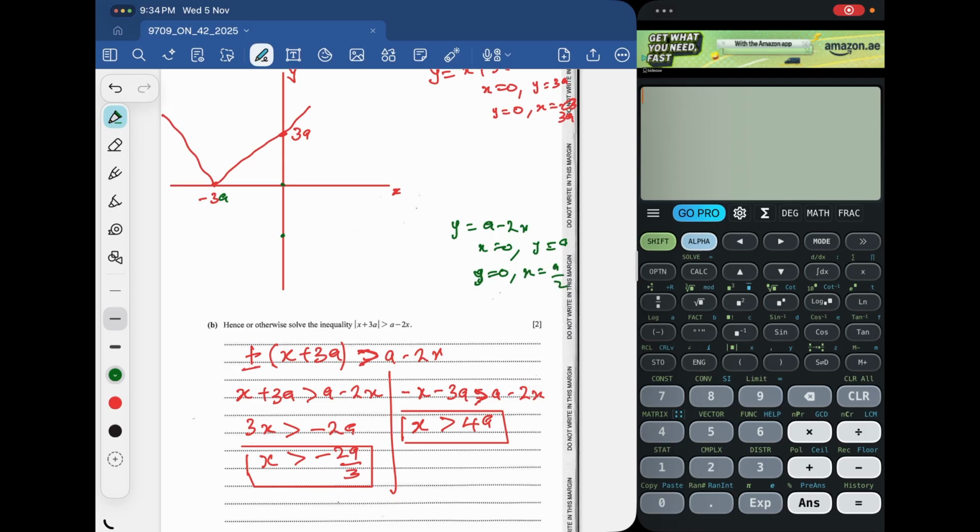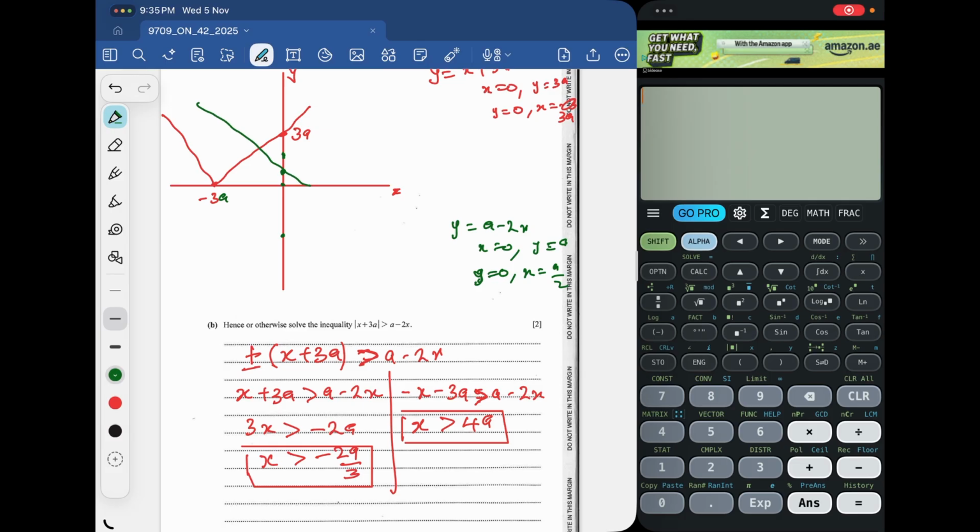So this has a negative gradient. When x is 0, y is a, so up here, let's say here. Okay, let's put it down here. So this line is actually like this, something like this.